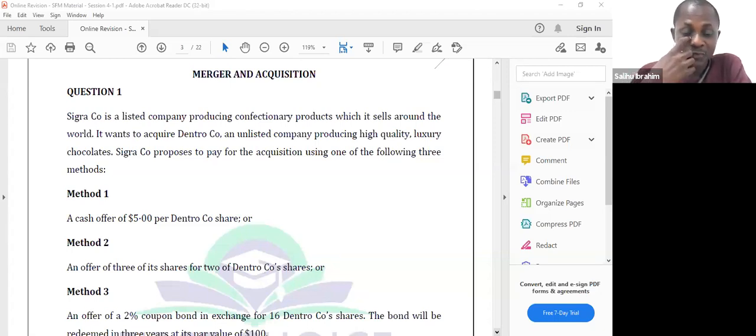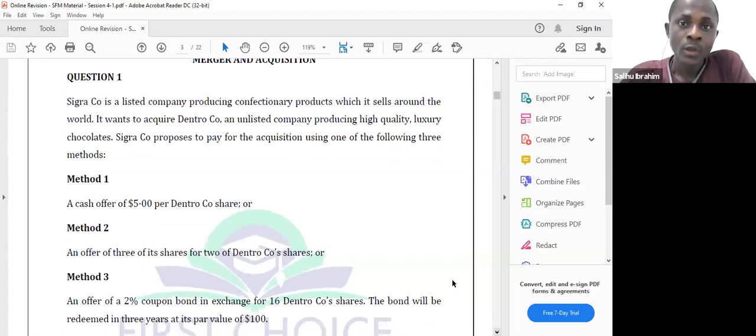If you think you can just go into merger and acquisition without knowing fully your business valuation, you are making a big mistake. It's better you go and revise business valuation, before we go into solving the questions we have in the material.